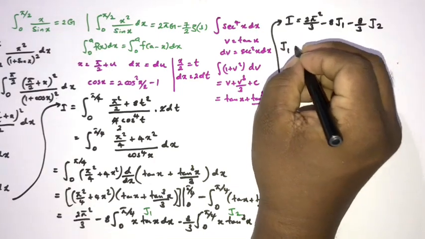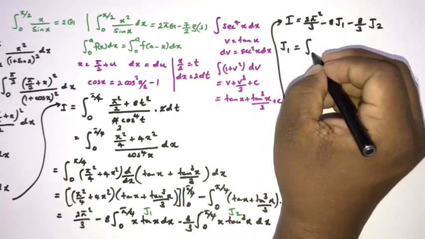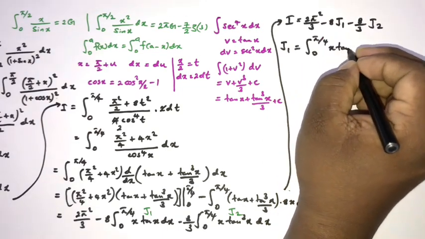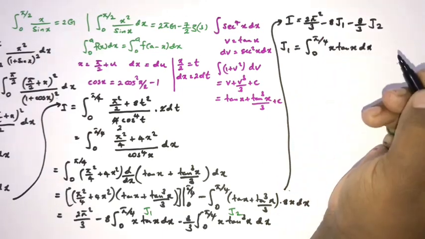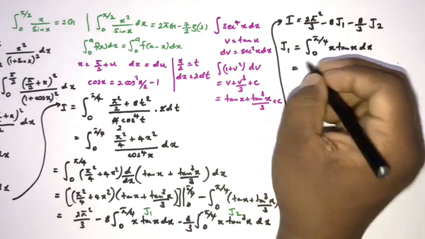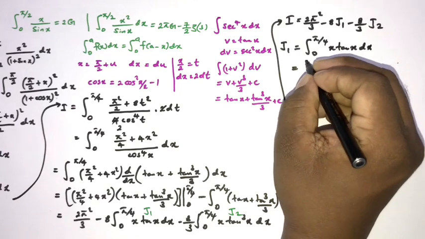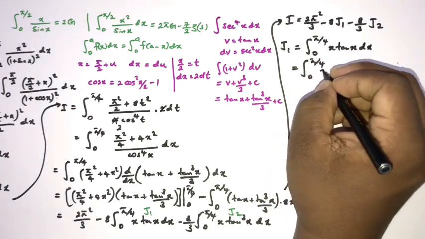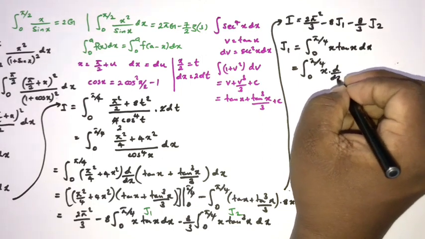So J1 is equal to the integral from 0 to π/4 of x times tan x dx. So we can use IBP, integration by parts, so we can write 0 to π/4 as a first function. I am going to take x, then d by dx.